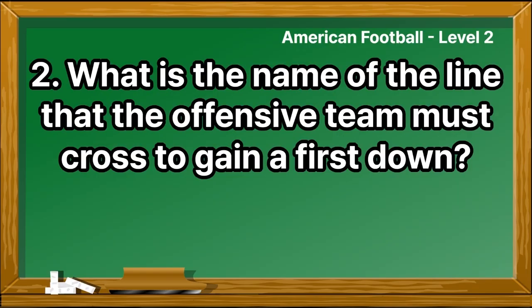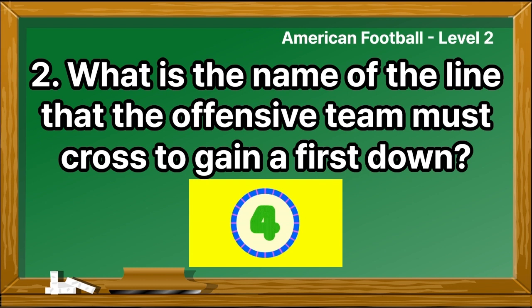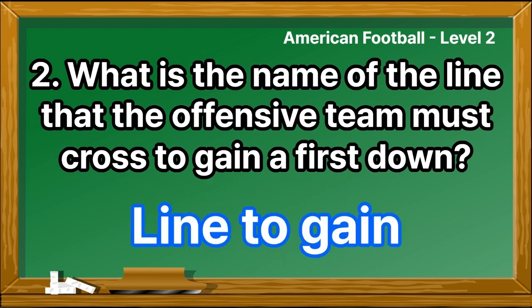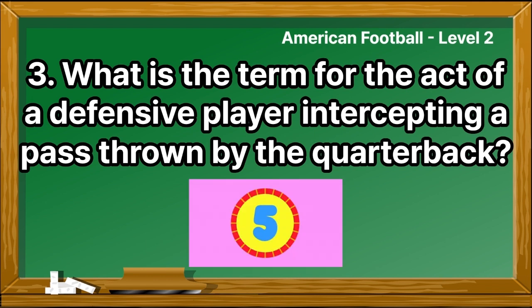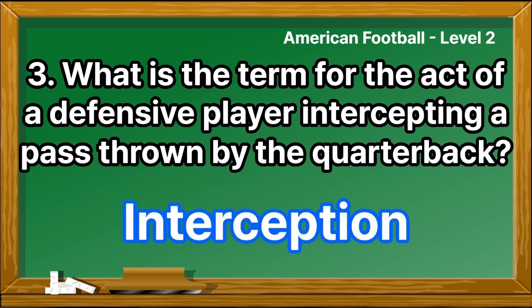What is the name of the line that the offensive team must cross to gain a first down? Line to gain. What is the term for the act of a defensive player intercepting a pass thrown by the quarterback? Interception.